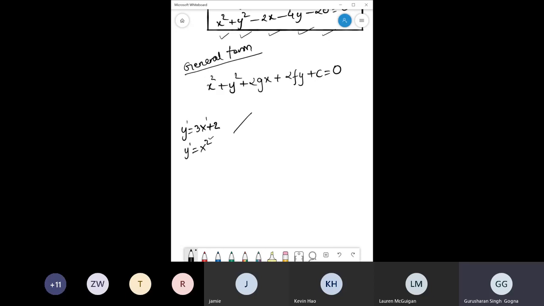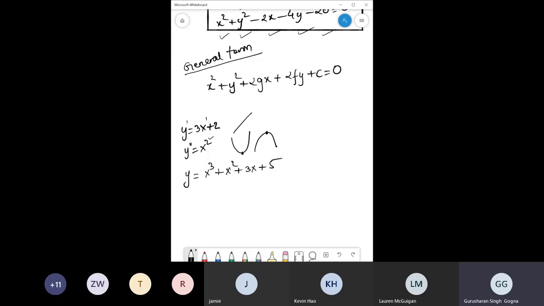So if you have a square for one variable and linear for the other variable, it represents a parabola. Parabola means it can be U shape, smiley face, or sad face, basically. So basically with one turning point. And if you have, let's say, a cubic equation, something like this.